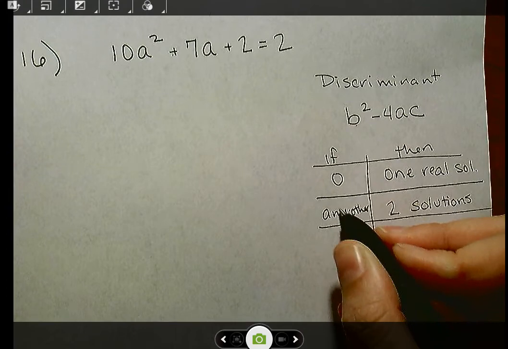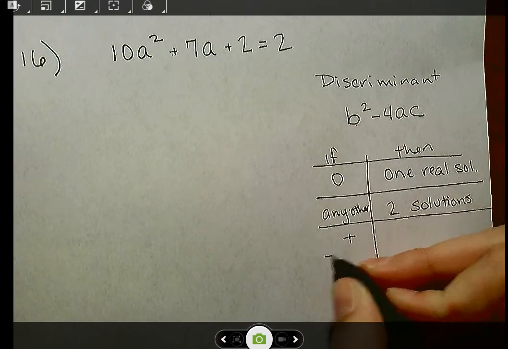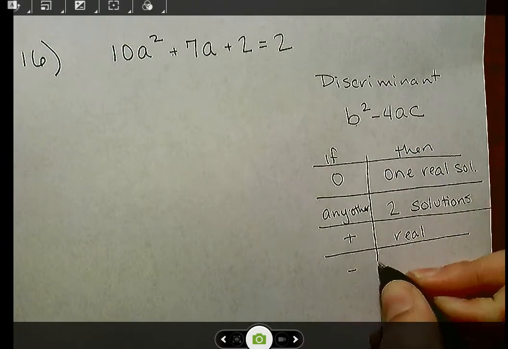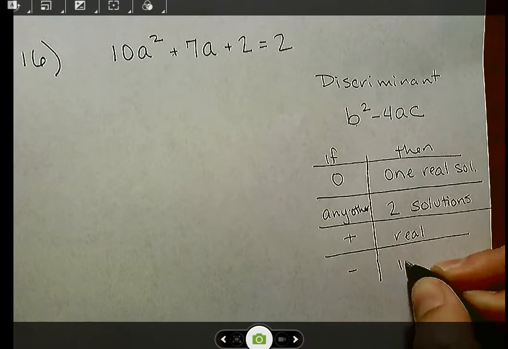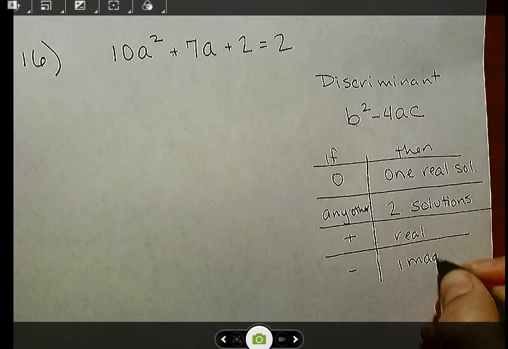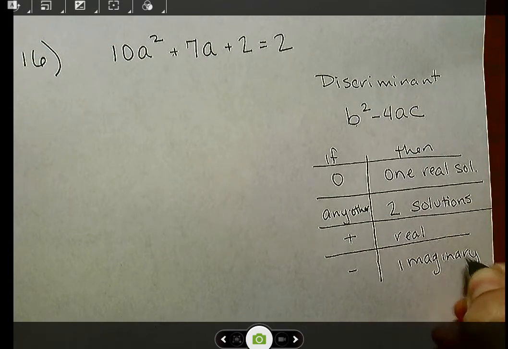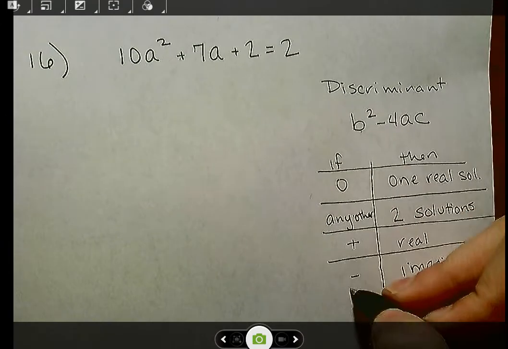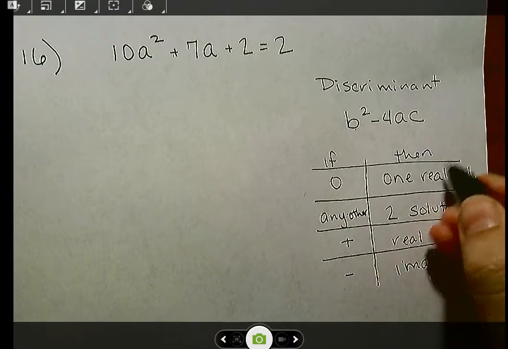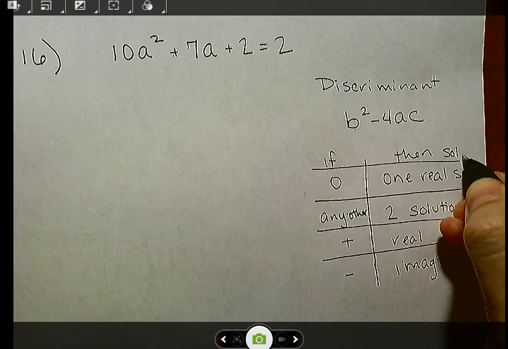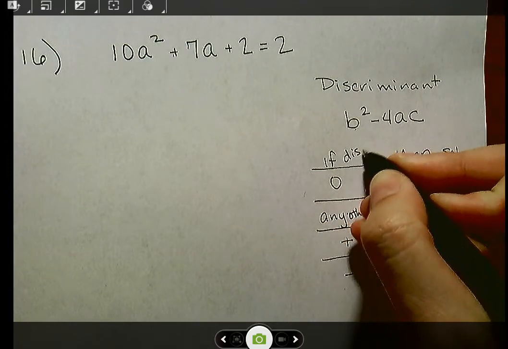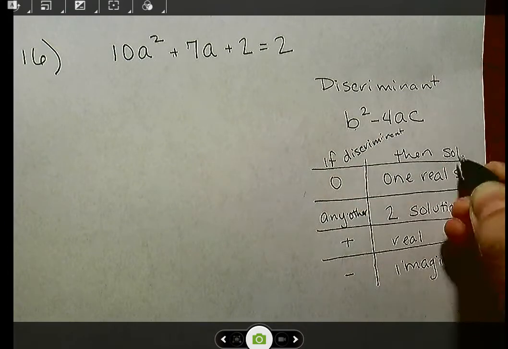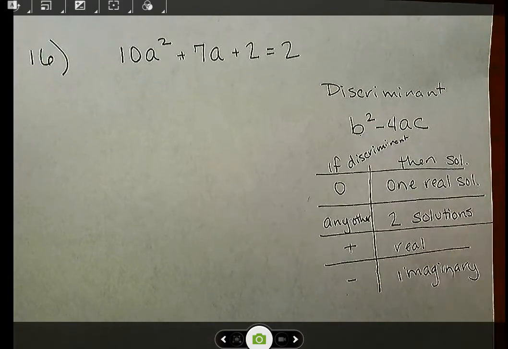If though that other number is a positive number, they are real solutions. And if it is a negative number, then they are imaginary solutions. So that's what the number will tell us. If the discriminant is these things, then the solutions are these.